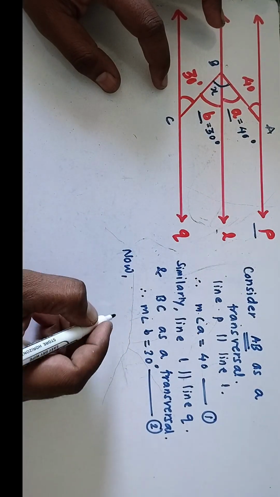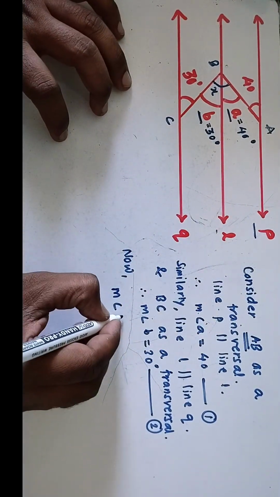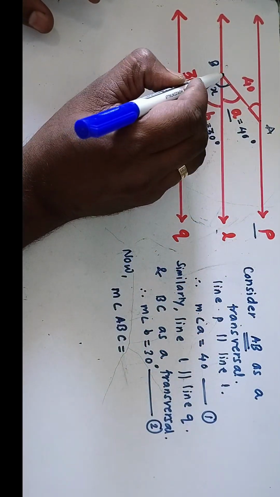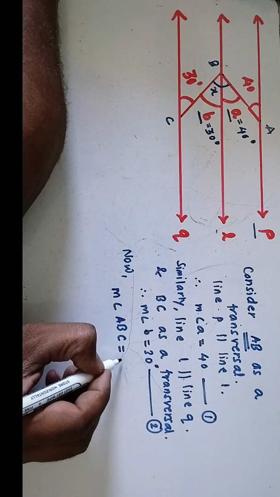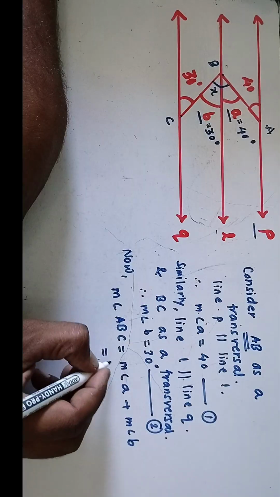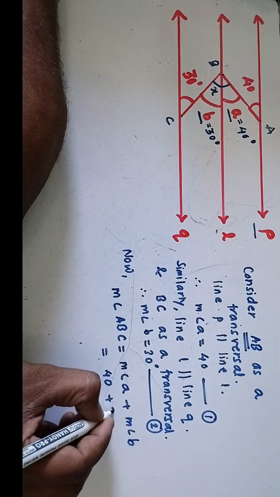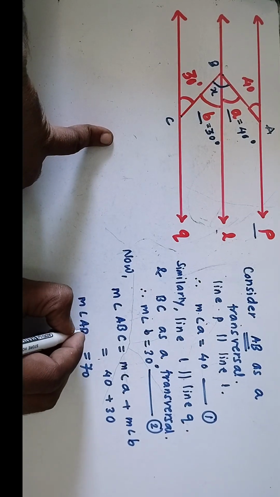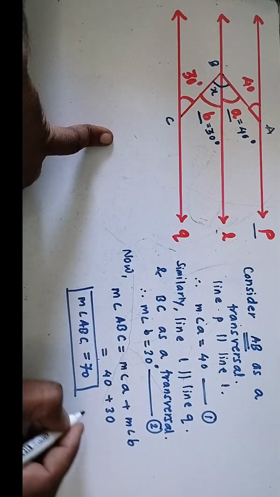Now the entire angle, measure of angle ABC, this angle ABC is a combination of measure of angle A plus measure of angle B, which is equal to 40 plus 30, that is equal to 70. So measure of angle ABC equal to 70 degree.